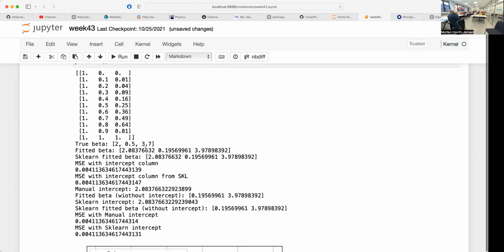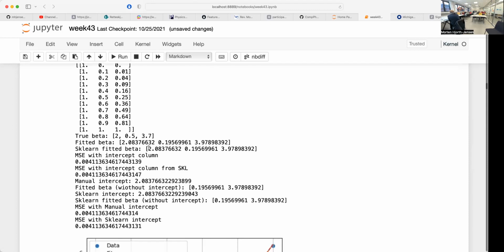I don't get exactly the same result here, but I'm almost there, because I have some additional noise on everything. And then I have my sklearn fitted data. So you see the parameters here. This is my own code, and this is what scikit-learn gives. I get the same.